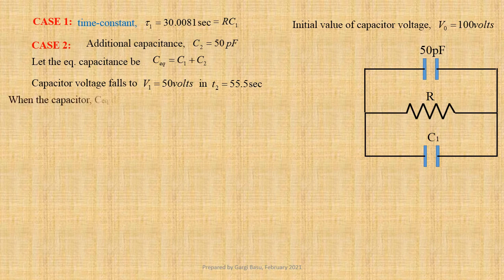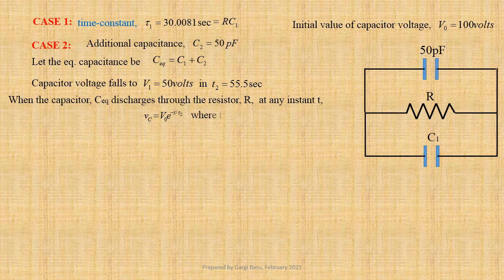When the capacitor Ceq discharges through the resistor R at any time instant t, capacitor voltage Vc equals V0 e to the power minus t by tau 2, where time constant tau 2 equals R into Ceq.